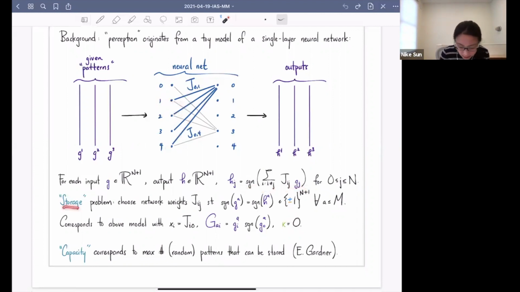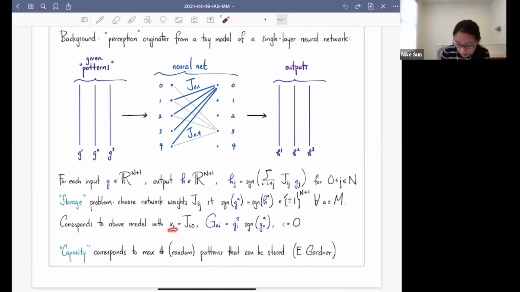And then the storage problem is, can you choose weights on the network? So can you choose the J such that for all of the vectors that are given to you, I output a vector with the same sign pattern as the vector that was input. So this is the so-called storage problem. And it corresponds to the same model that I just described above.